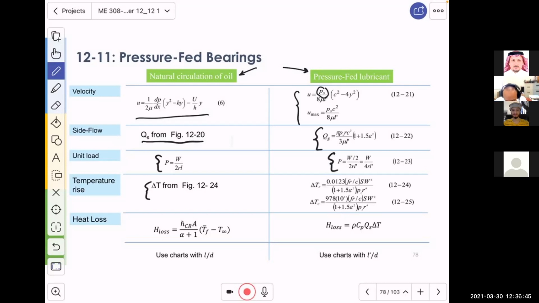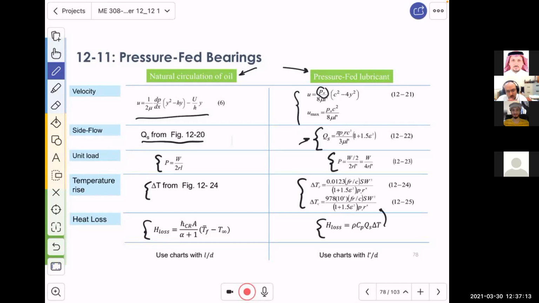Here, the temperature rise in degrees Celsius and degrees Fahrenheit is given to us as an equation. Same thing for the heat loss. I think you remember this equation, we just spoke about it a minute ago. And here we have an equation for the heat loss, where again there is an effect of the temperature that we just measured, the flow rate which we calculated over here, and so on.